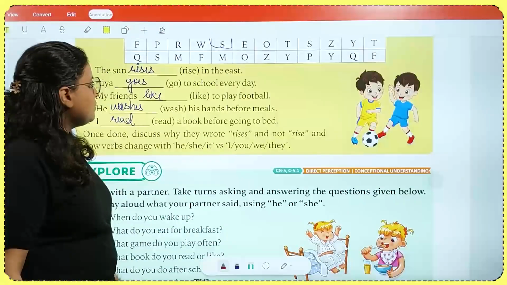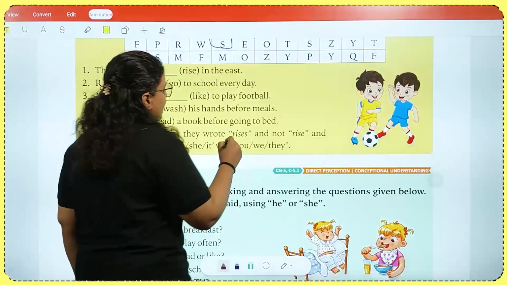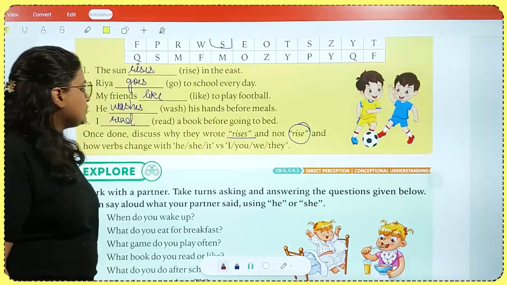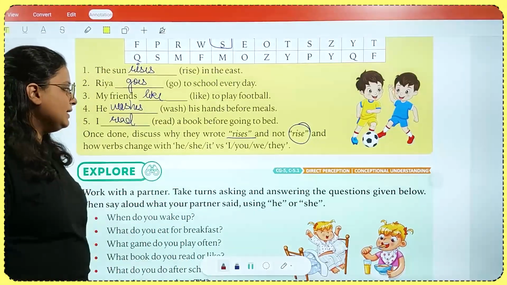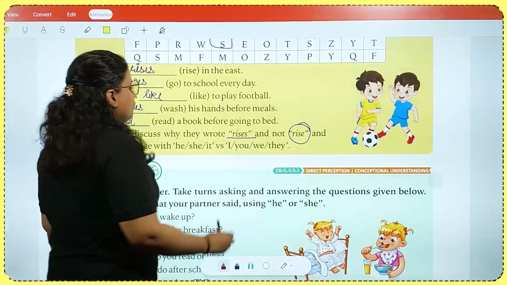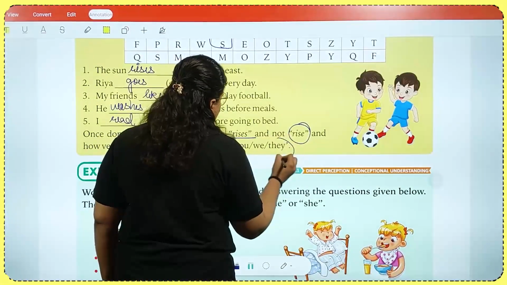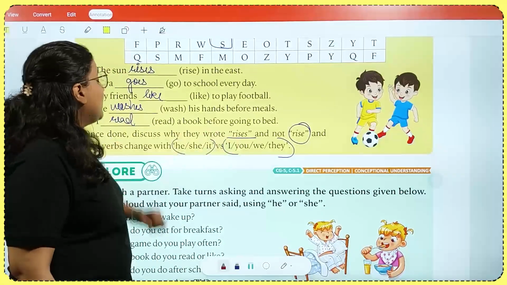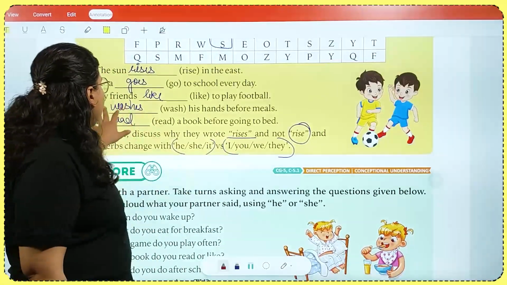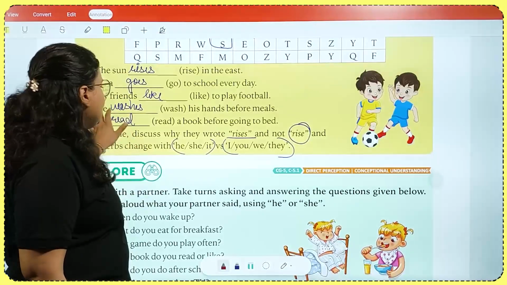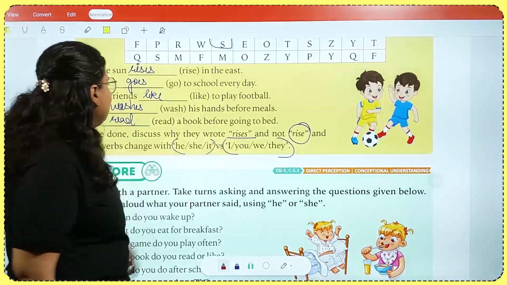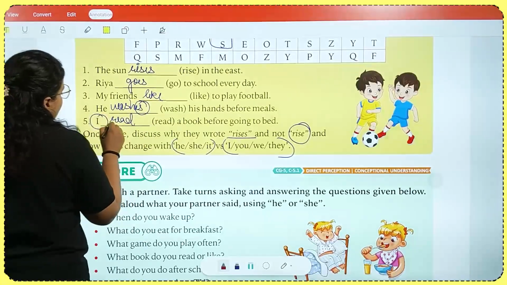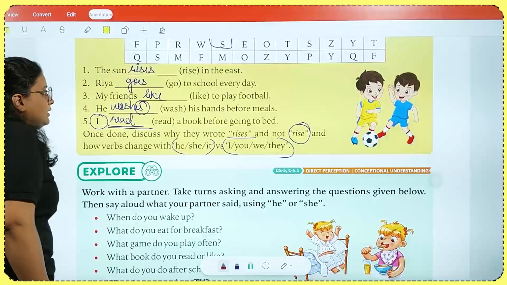Once done, discuss why you wrote rises and not rise, and how verbs change with he, she, it versus I, you, we, they. So now you have to tell me why did we use rises and how are verbs different with he and I. Here I use washes, but with I used read only.